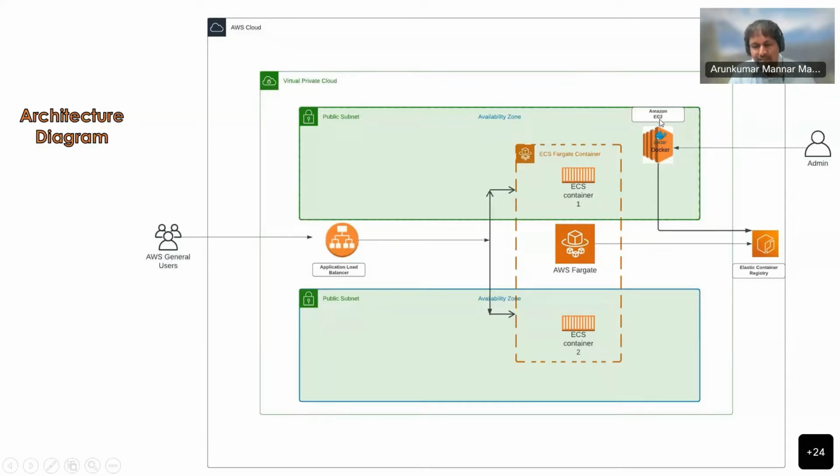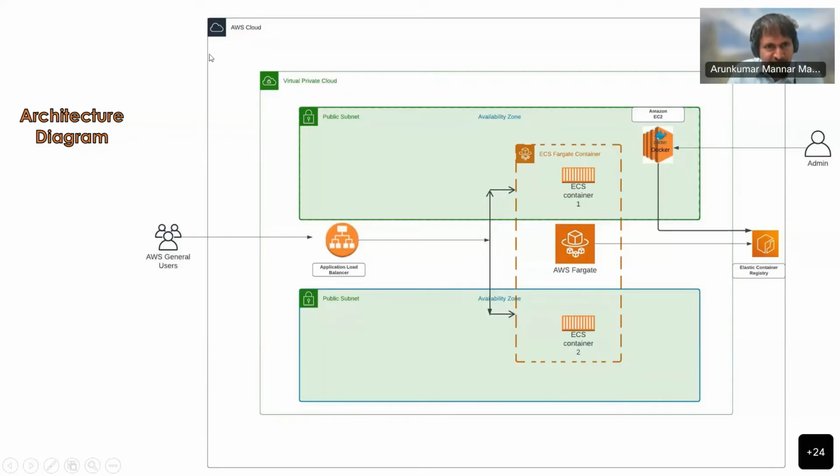I'm going to create an EC2 instance, and build, create and push the Docker image to Elastic Container Registry. In part number one, I'm going to create an EC2 instance, install Docker, and create some simple image like hello world. Scenario one is to see whether that application is working fine or not.